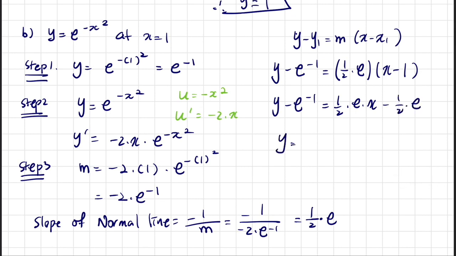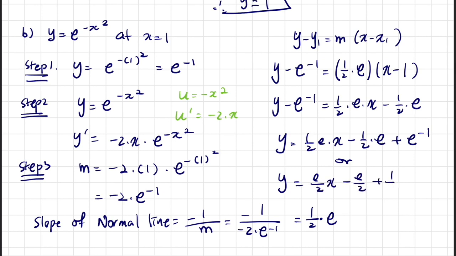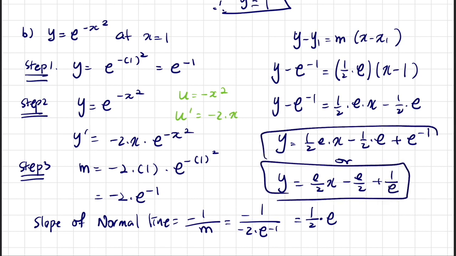Then y is the same as 1 over 2e times x minus 1 over 2e plus e to the power of negative 1, or you can also write it as y equals (e over 2)x minus e over 2 plus 1 over e. And this is your equation of the normal line.